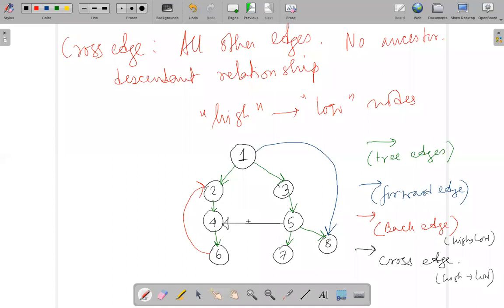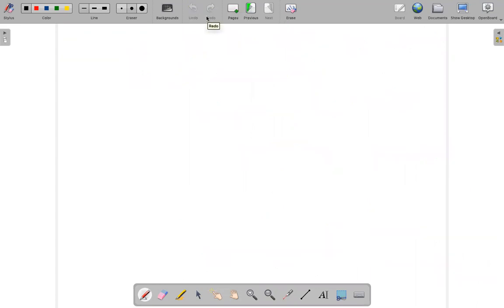So the question is then how to distinguish between a back edge and a cross edge. It's not so difficult. You proceed as follows. Both of them are, as you understand, non-tree edges. Now let us consider the non-tree edge UV.